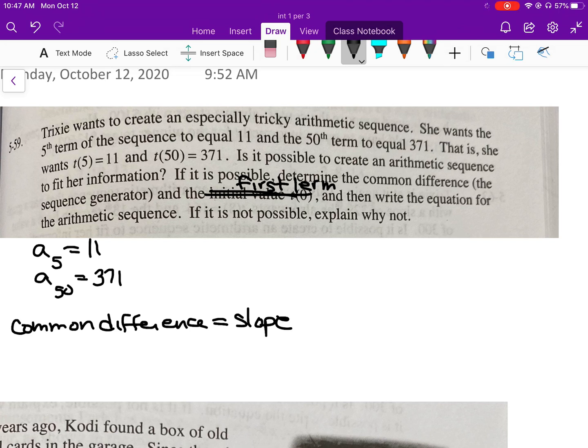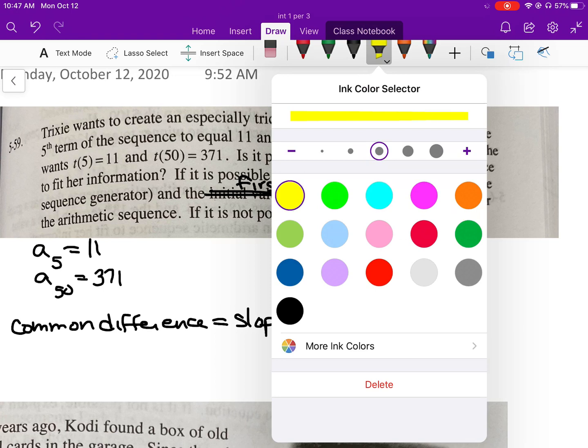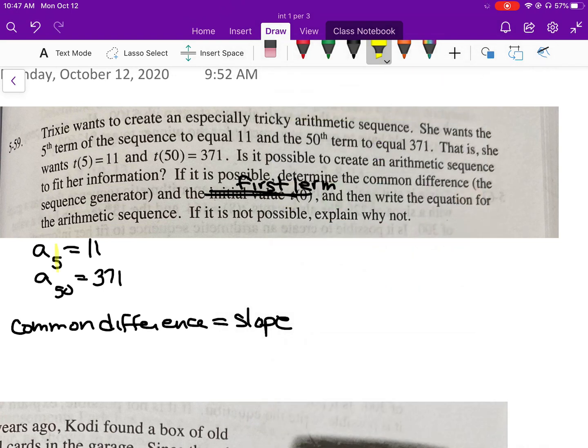Yeah, these are my X's, and these ones are my Y's. So that means I'm going to take 371 minus 11 divided by 50 minus 5.